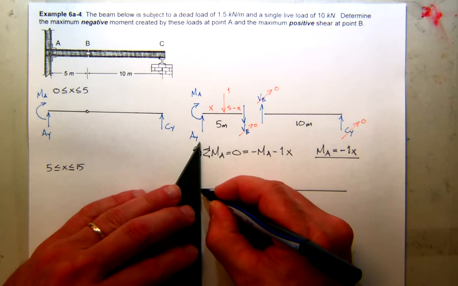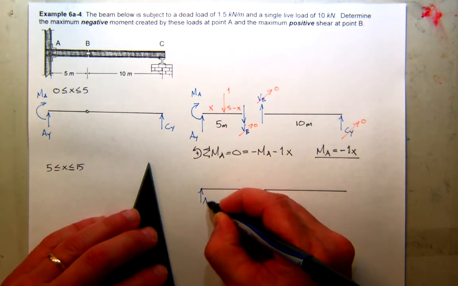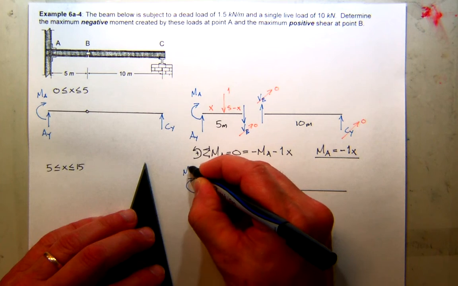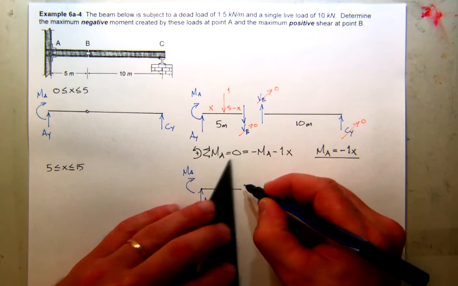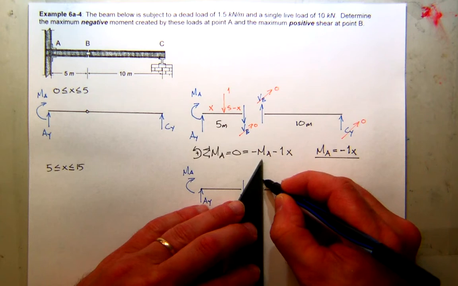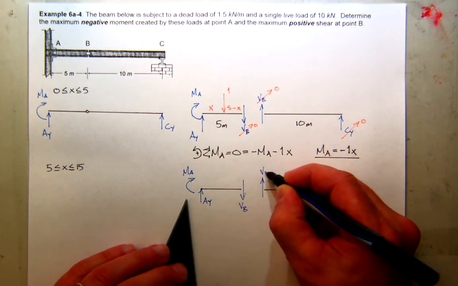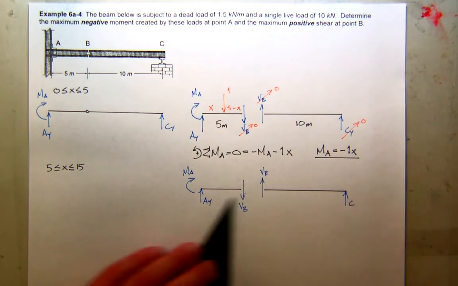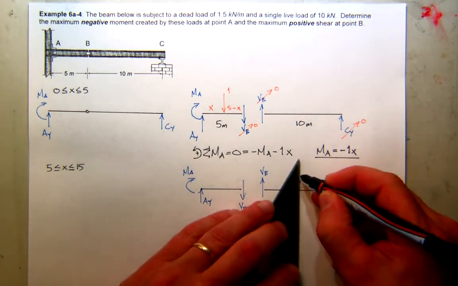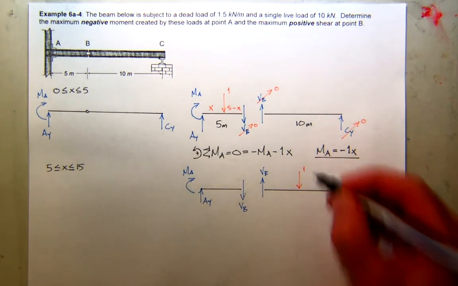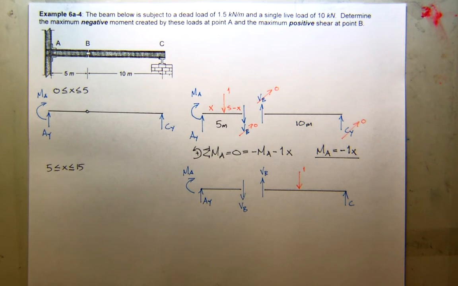On the right-hand side, I still have my reaction at A, I still have the moment at A, and I'm assuming I have this shear at B, equal and opposite. And I have my reaction at C. But now my unit load is here. You guys see that?